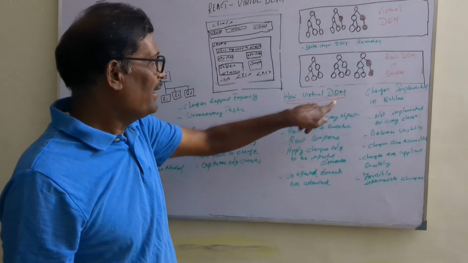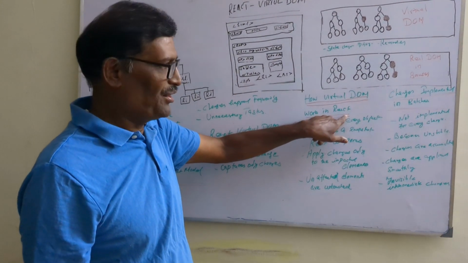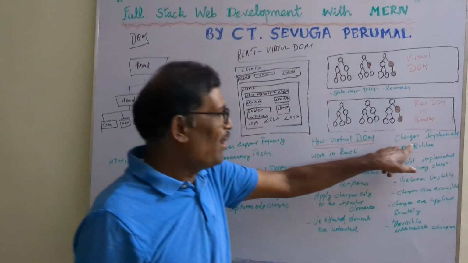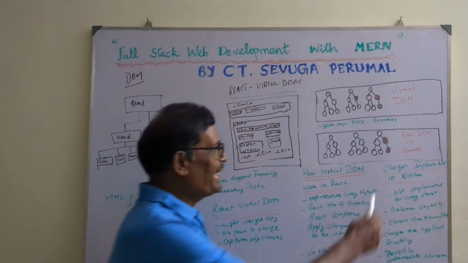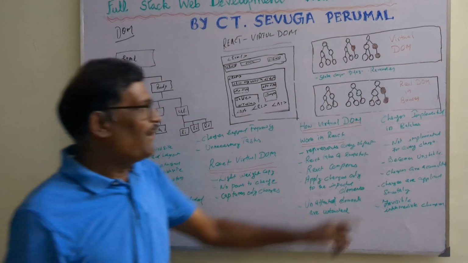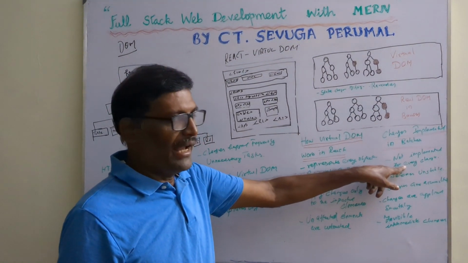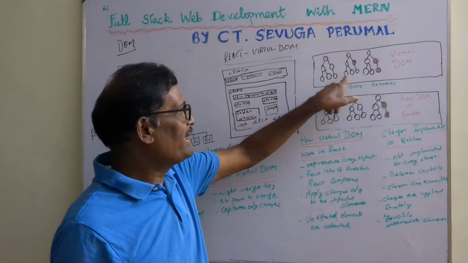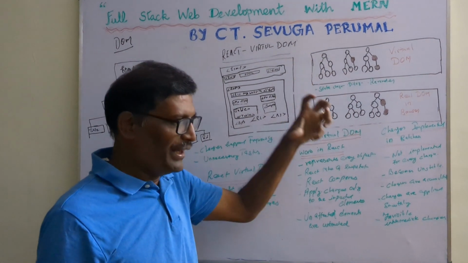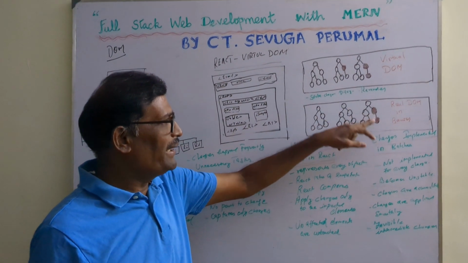So this is the way the virtual DOM works in React applications. It has another advantage: the changes are implemented in batches. What this means is that for every change the real DOM is not changed. Instead, the independent changes are accumulated, and after some time these changes are implemented in a batch.